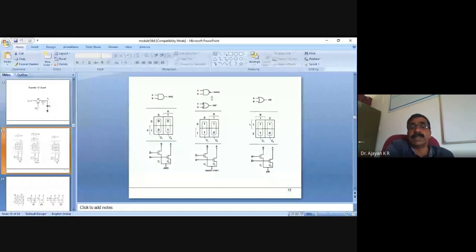Similarly, if you are moving to the second gate, that is a NAND gate, when B is equal to 0, the output has to be 1, that is C1 is 1. When B is equal to 1, the output is the inverse, A bar. So we are taking B is equal to 0.